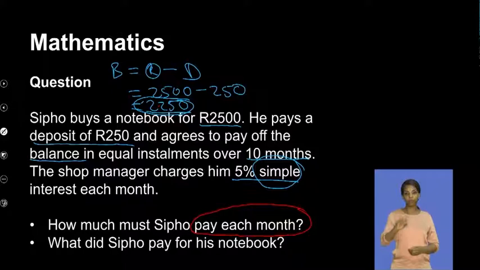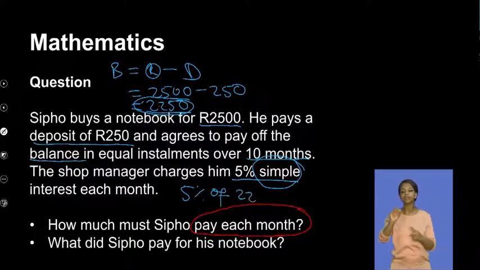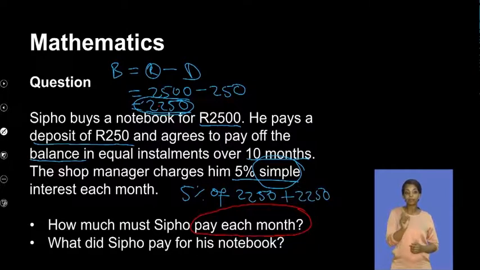So the very first thing we need to do is to look at what is 5% of the amount that we have, 2,250, and then we're going to add whatsoever that 5% is to the original amount, which is the 2,250. And then whatever we get there, we're going to divide it by the number of months that the person needs to pay. And that will give us how much the person needs to pay at the end of each month for the 10 months.